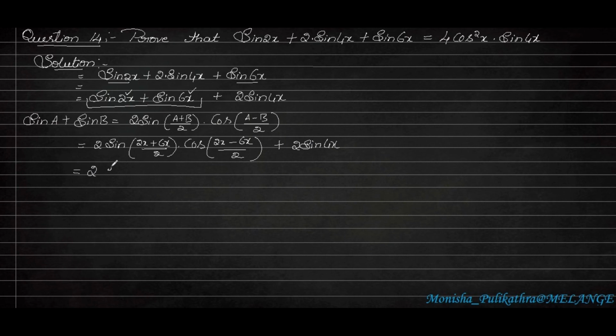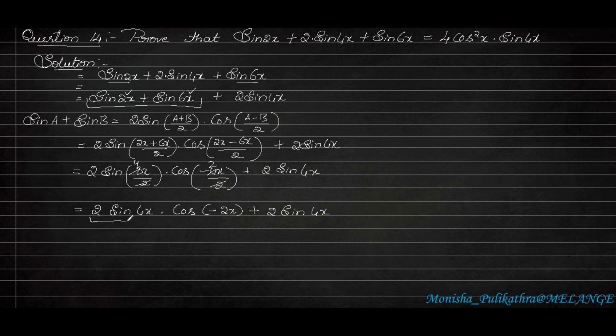Next it will become 2 sin (8x divided by 2) into cos (minus 4x divided by 2) plus 2 sin 4x. So 2 ones are 2, twos are 4, and so it will become 2 sin 4x into cos minus 2x plus 2 sin 4x.